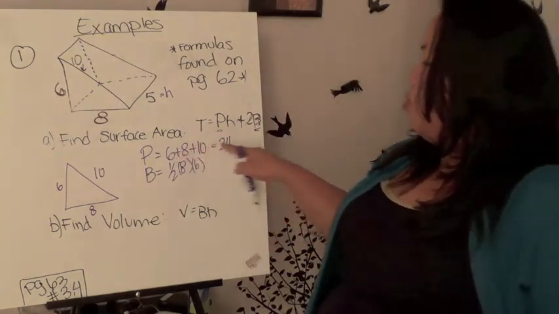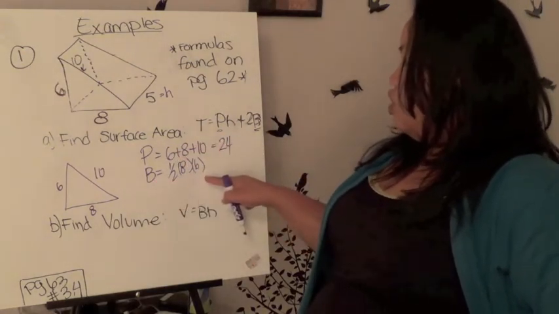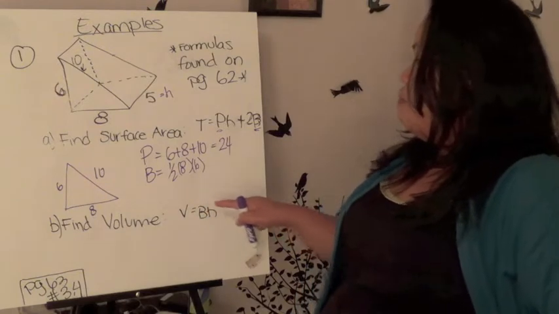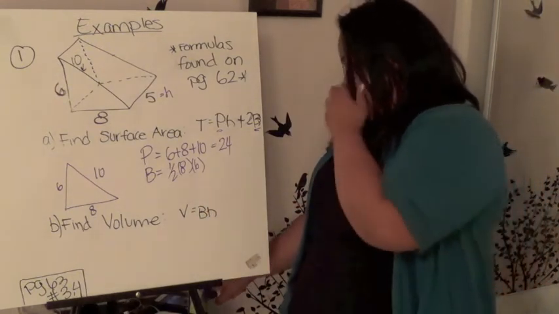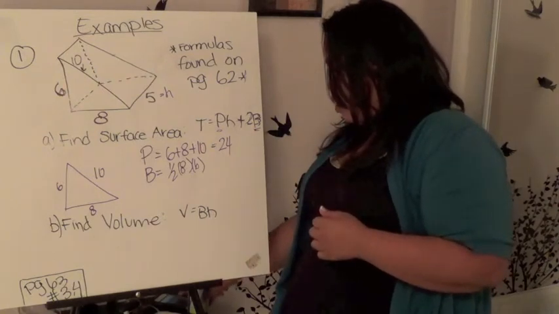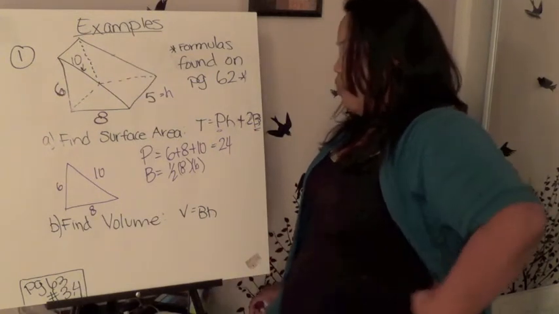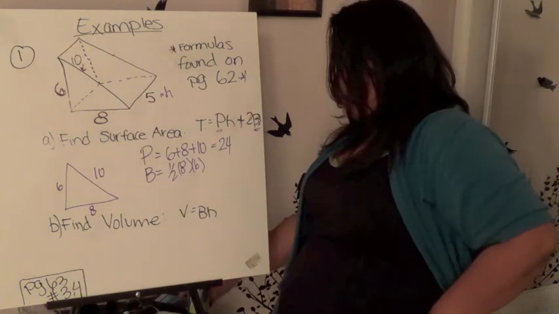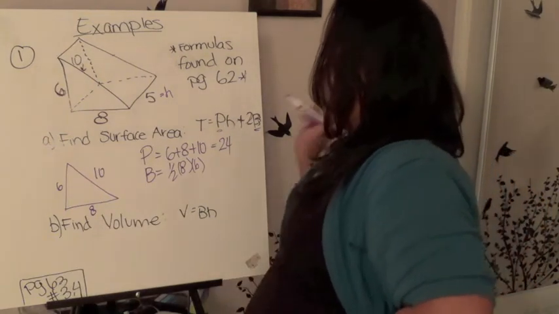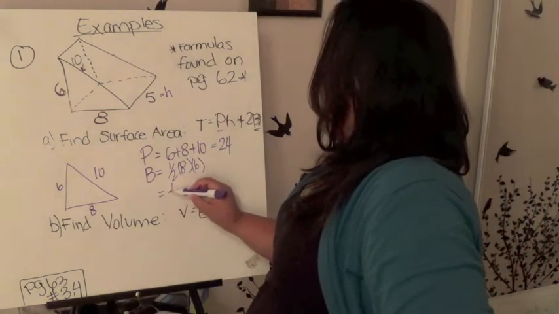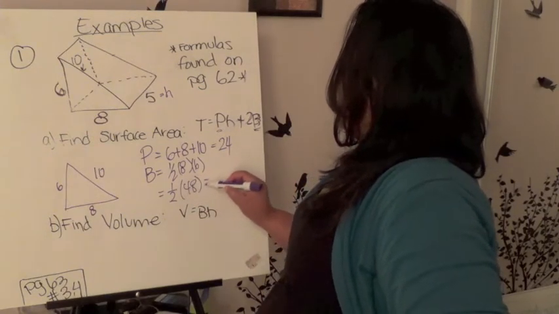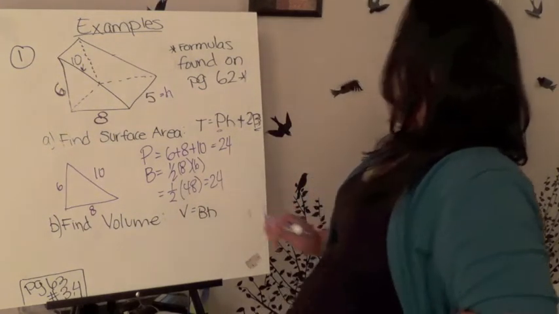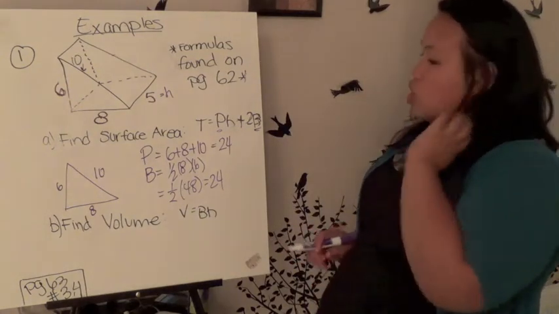These equations are the perimeter of a triangle and the area of a triangle. So 1/2 base times the height, 6 times 8. So 6 times 8, 48, and then we divide that by 2, which should give us 24. So 1/2 of 48 gives us 24.